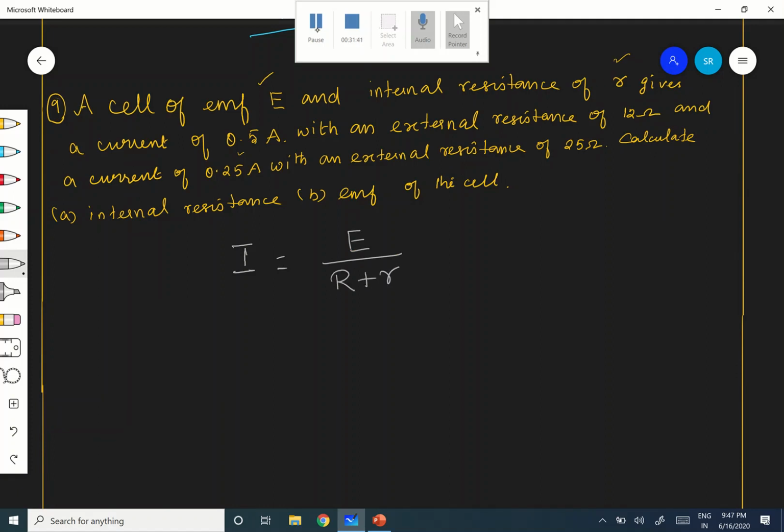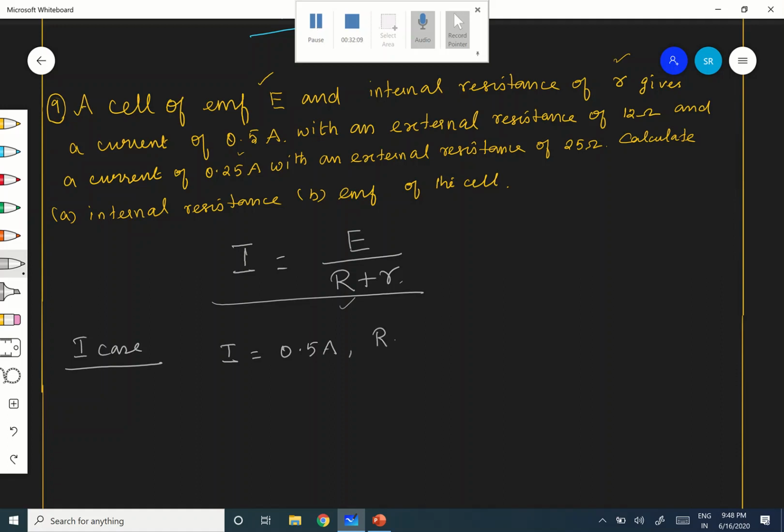Total EMF divided by total resistance, where total resistance is external plus the internal resistance of the cell. Therefore, in the first case I is equal to 0.5 amps, correct? And what is your external resistance?